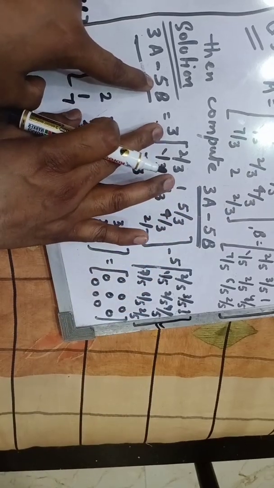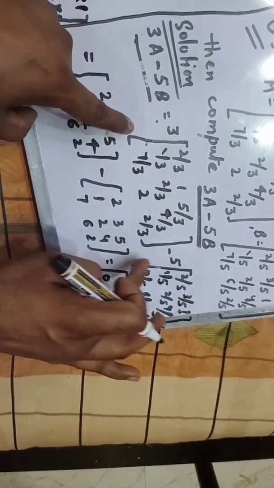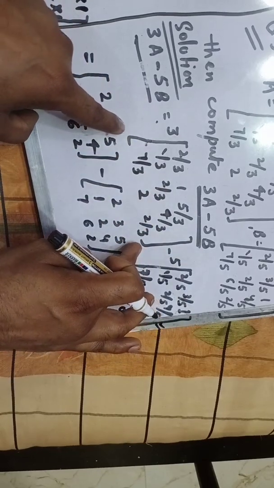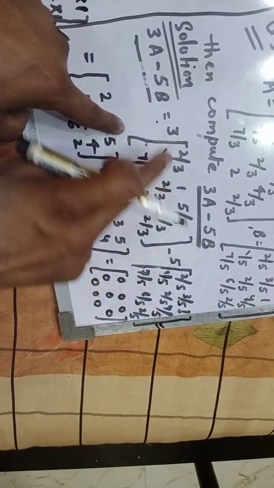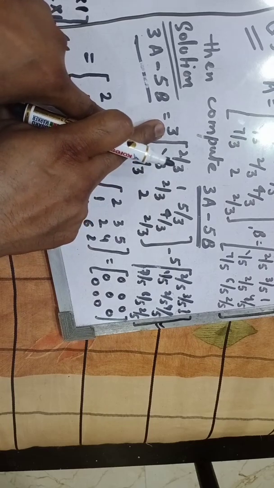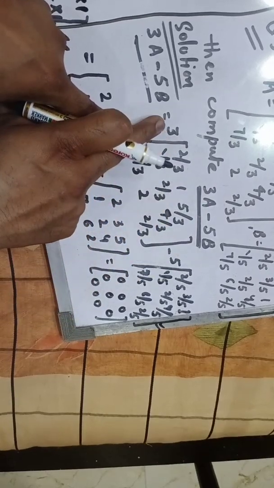Now if 3 is outside this matrix, you have to multiply each element of this matrix by 3.